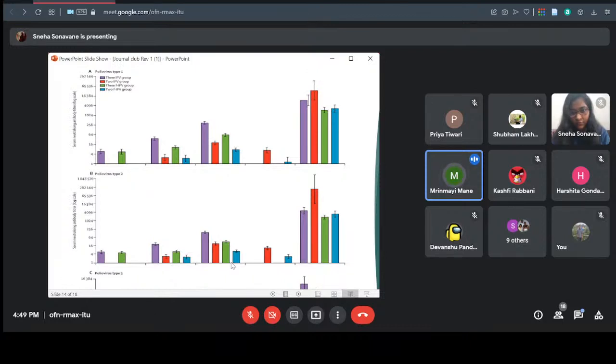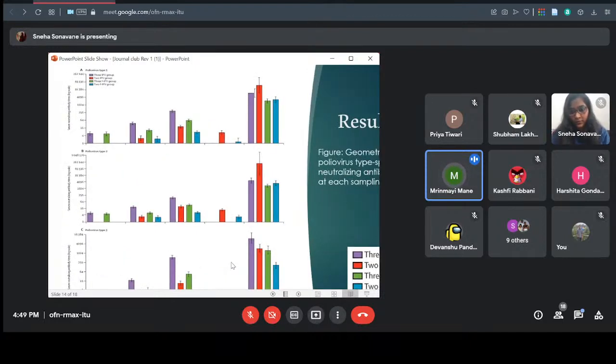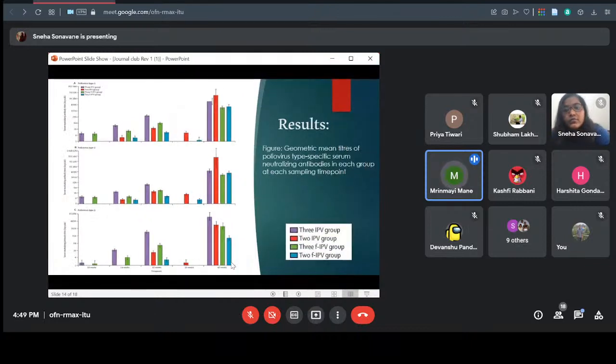In the 3 IPV group and the 3 fractional IPV group, that is the purple and green bars, the antibody titers progressively increase throughout the clinical trial and they reach a peak at 40 weeks.